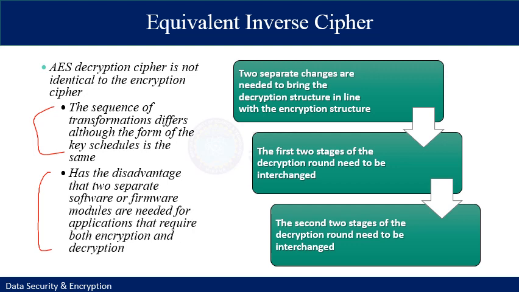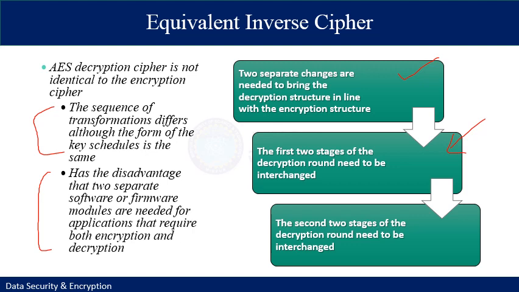In this case, two separate changes are needed to bring the decryption structure in line with the encryption structure. The first change is that the first two stages of the decryption round need to be interchanged. For example, in the encryption round, sub bytes was performed first and shift rows was performed second.